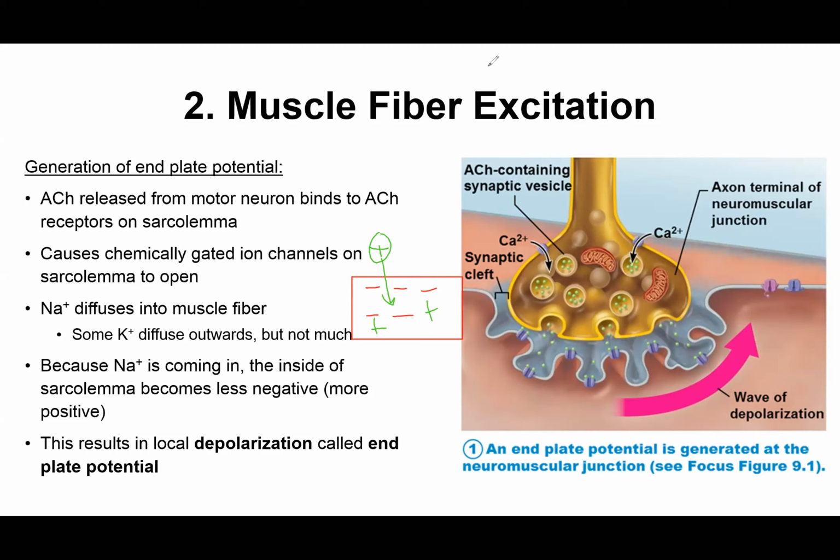Because a plus and a minus is a neutral, so we can cancel those out. And now we are less negative, or more positive. All of this is going to result in a local depolarization, what we call an end plate potential.